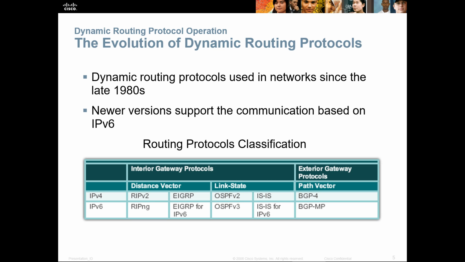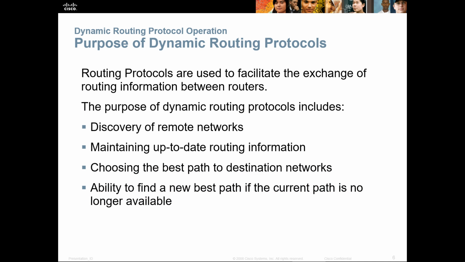So what about our path vector? I know that we don't talk about BGP at this level, but BGP for version 6 is going to be called MP-BGP, just for completeness' sake.